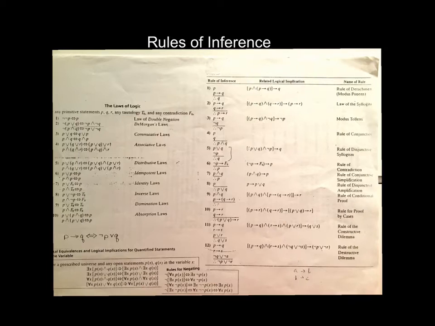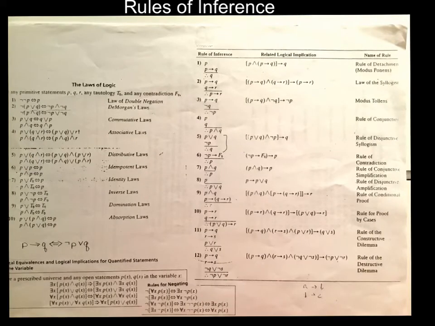If you were to do the truth table evaluations of these implications, you will find that all the rules of inference are tautologies. On the far right, you'll see the name of the rules. So let's take a look at some of these rules of inference. And what you'll notice is if you think about what these rules of inference mean, they'll actually make sense. And that's because they're logical.